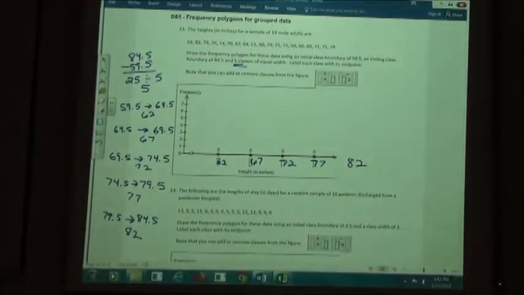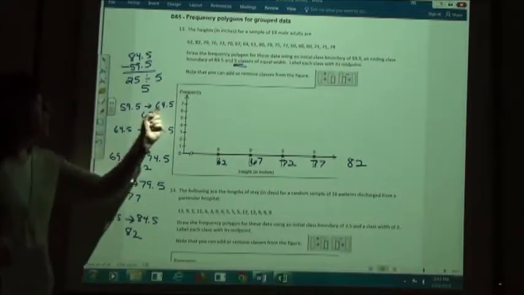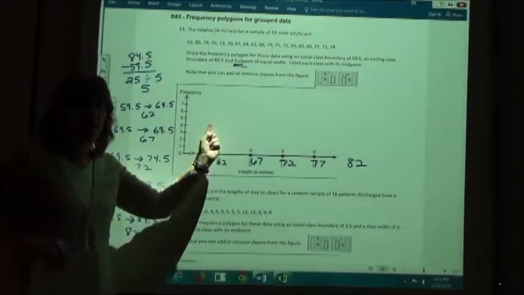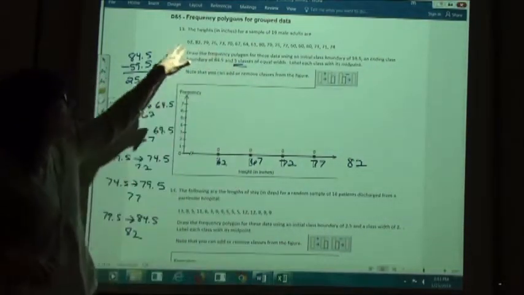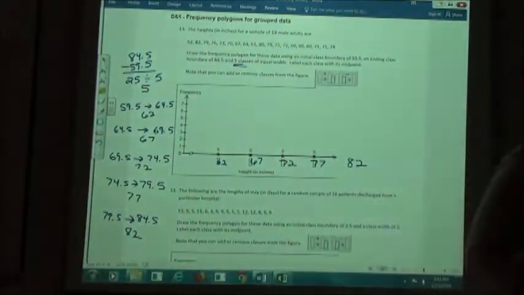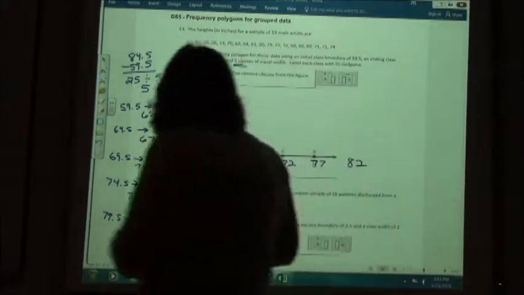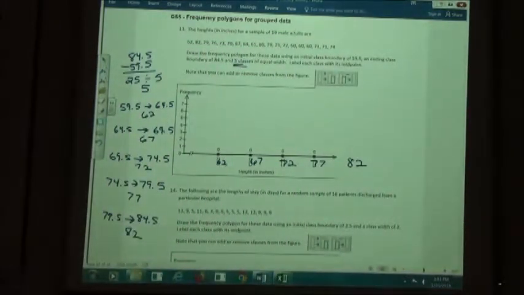Now, the next part is basically doing the same thing we did with our histogram. We actually have to count the values in each of those sections, and then pull the point up to that spot. So again, put your data in, either in Excel or on your graphing calculator, and sort it out, because we need to figure out how many are in each of those sections. Hit Stat 1, clear out your list, and put in all those 19 numbers.